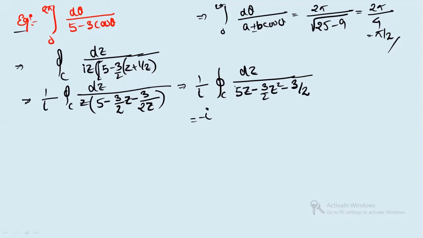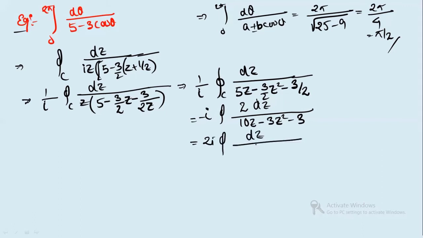If you take the LCM 2 from the denominator, that 2 goes to the numerator, and this will give you 10z minus 3z square minus 3. Here you have minus 2i. If I take minus common from here, finally rearranging it, you will get 3z square minus 10z plus 3.